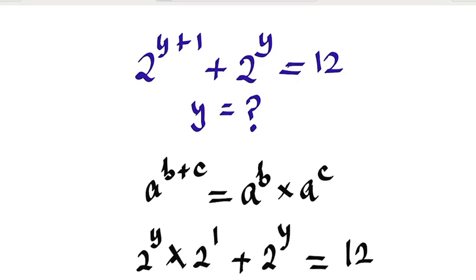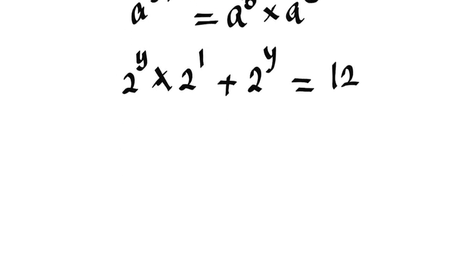Alright, so the next thing we're going to do is that you can see we have 2 to the power of y here and 2 to the power of y here. So I'm going to let it be a particular letter.